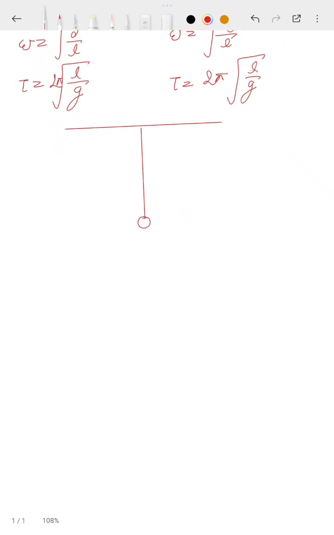What we can talk about, that let's say this is x position, this is the extreme of this bob. So x direction, y direction, gravity is changing with x.